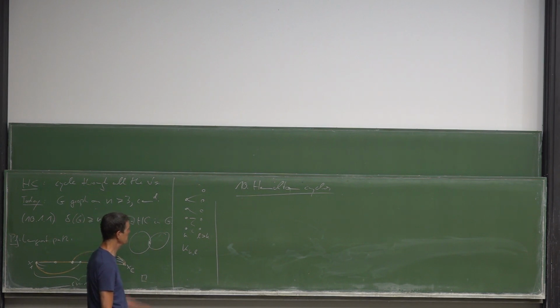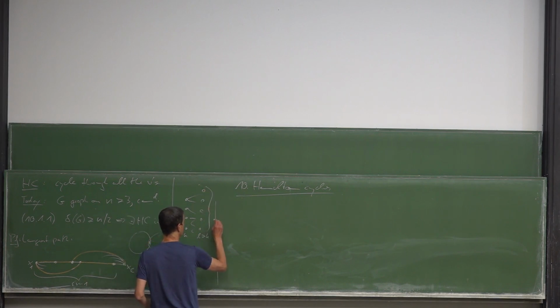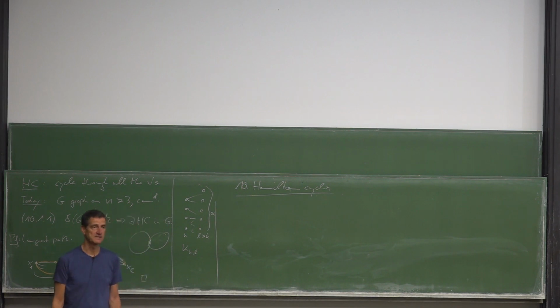Okay, next observation, this example here has many independent vertices.